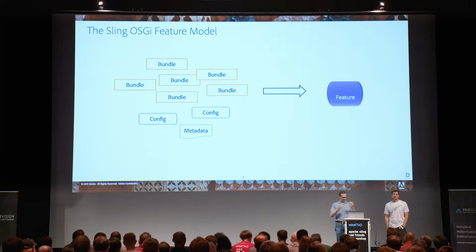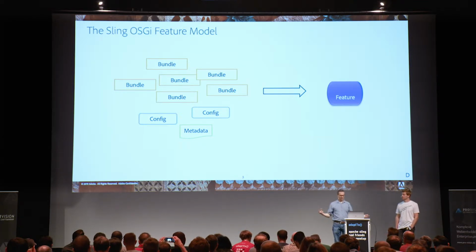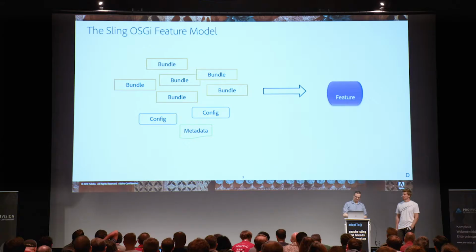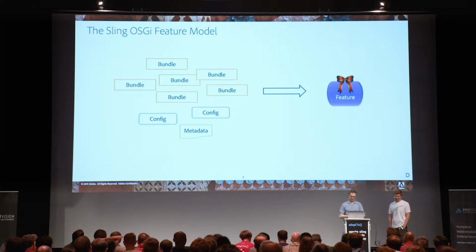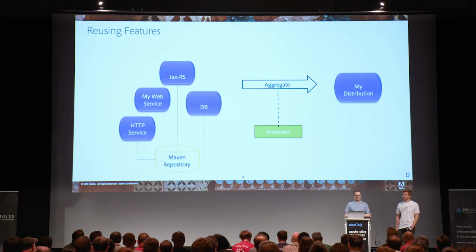Instead of having individual bundles, you have a chunky feature that contains all of these bundles and their configuration, and it's even extensible so that it can contain your custom metadata as well, all together, and then you can just put a bow on top and finish it off. It's self-contained. And once you've created this feature, you can start reusing it.